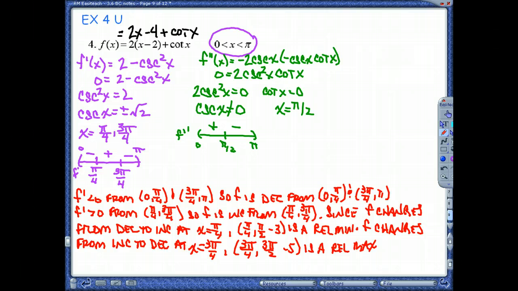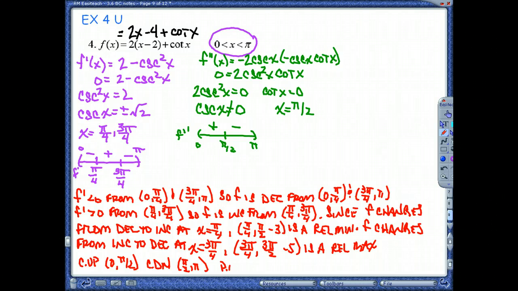Okay. Now, I'm out of room, so I'm not going to finish my sentences for my second derivative. Just note that you're concave up from 0 to pi over 2, you're concave down from pi over 2 to pi.